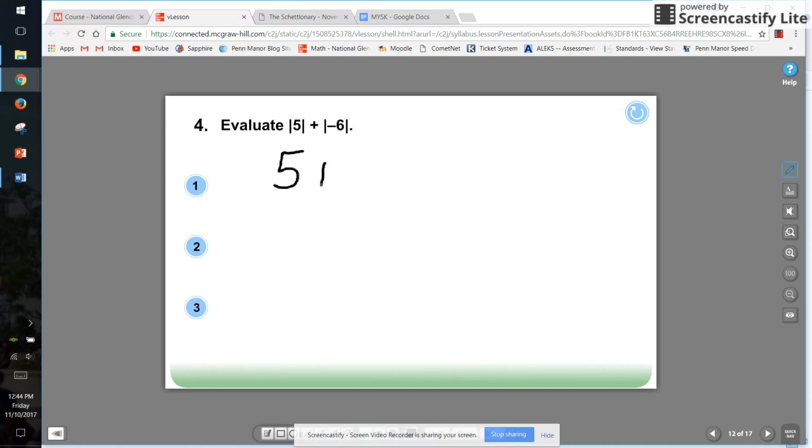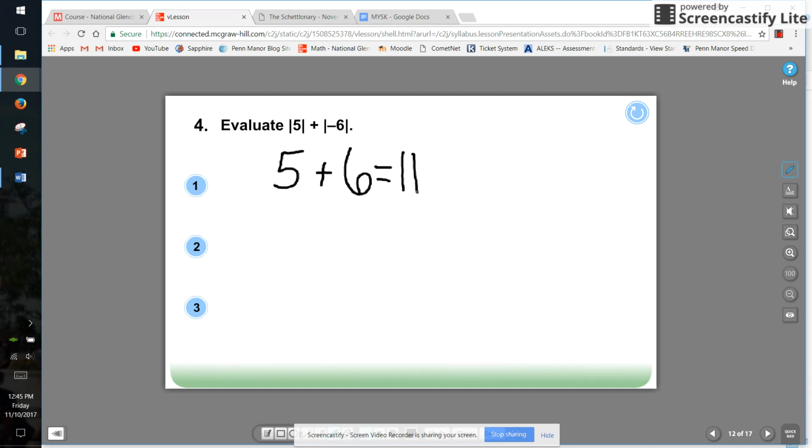And then I need to look at the absolute value of -6. And if I recall, the absolute value of -6, or how many spaces away from 0 -6 is, is 6. So the answer to this question is 11.